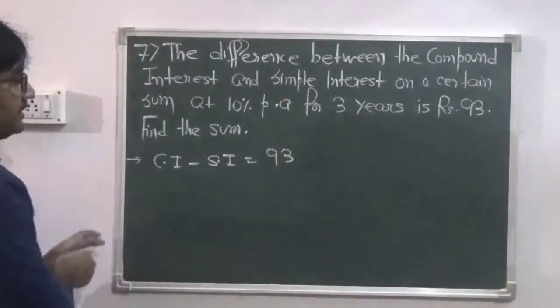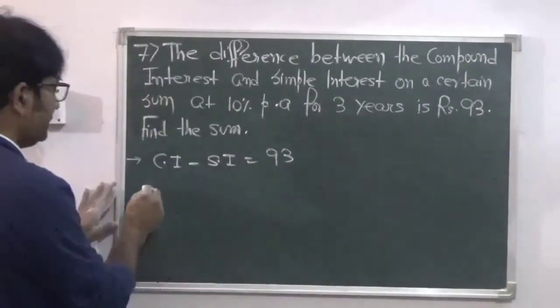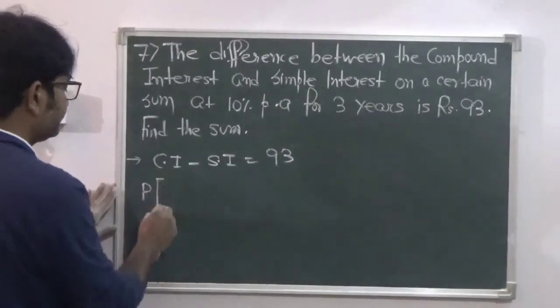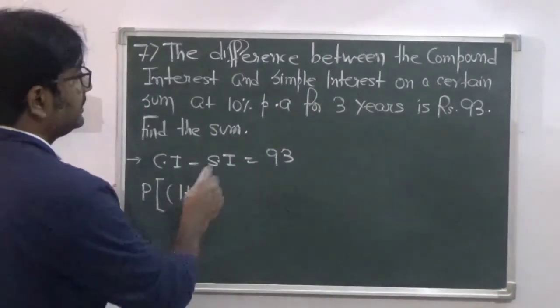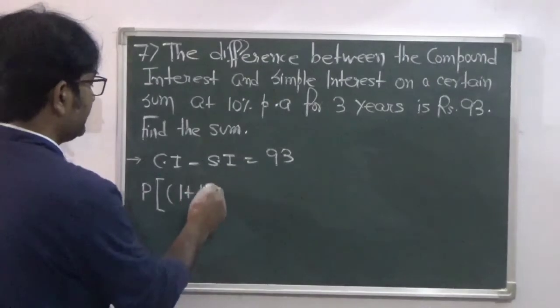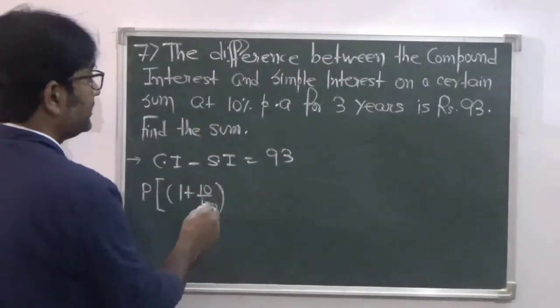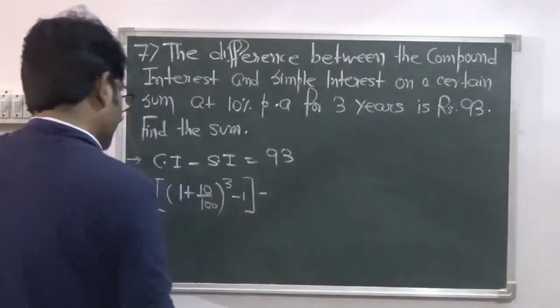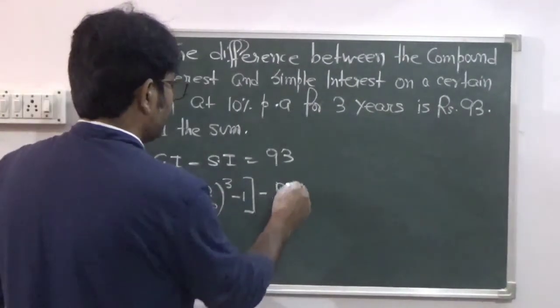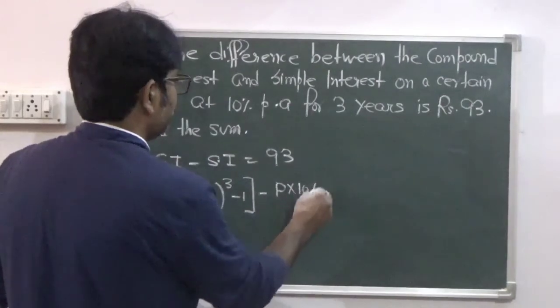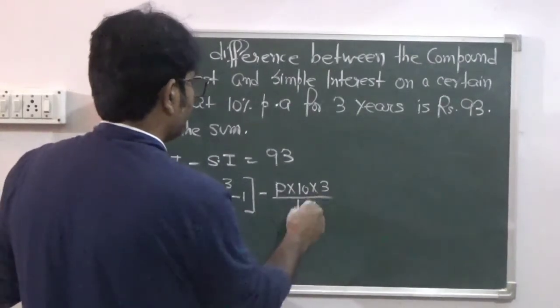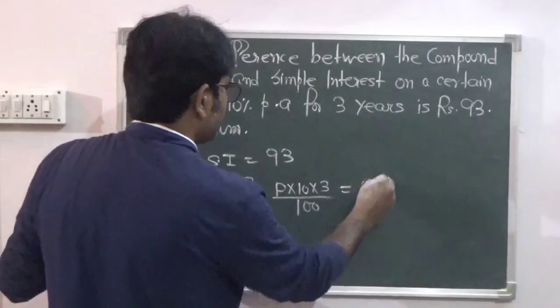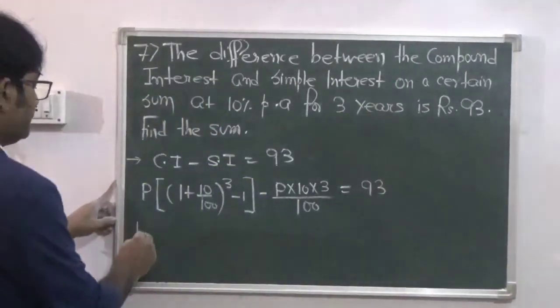Now let the sum be P. Then P into (1 plus 10 by 100) to the power 3, minus 1, minus the simple interest for 3 years, P into 10 times 3 by 100, equals 93. So now let us solve it.